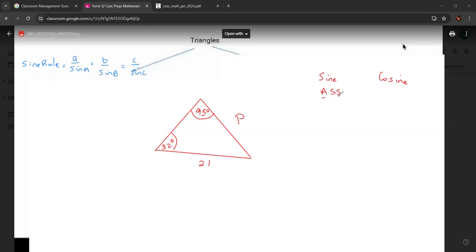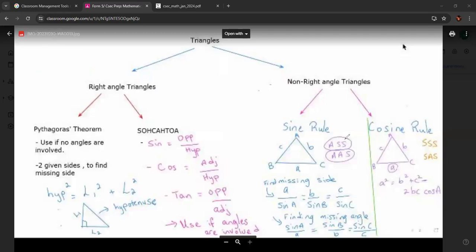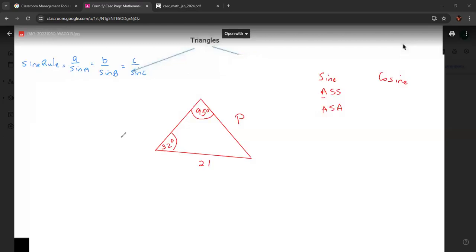Because that one starts with A, you have to know that the other condition also starts with A. So remember, for sine, it's angle side side, and angle angle side.